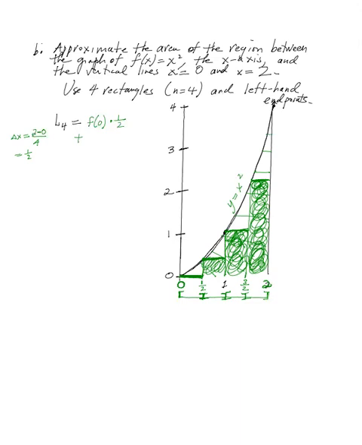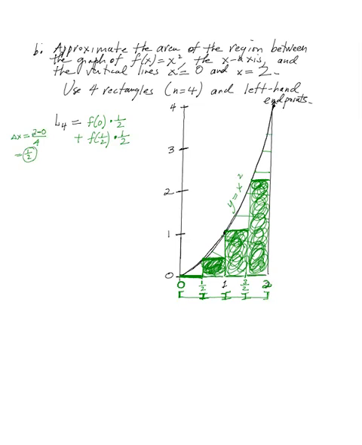what's the area of this rectangle right here? Well, the height is f of 1/2, because that's the left-hand endpoint, 1/2. The width is 1/2. Where am I getting this width? Right here. Each one of these subintervals is a 1/2 unit.